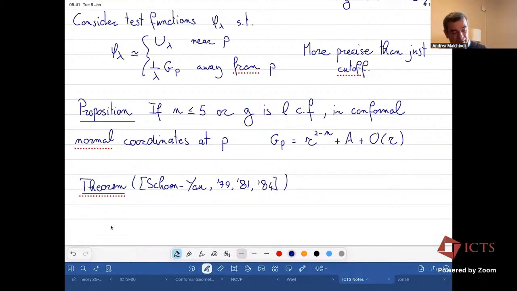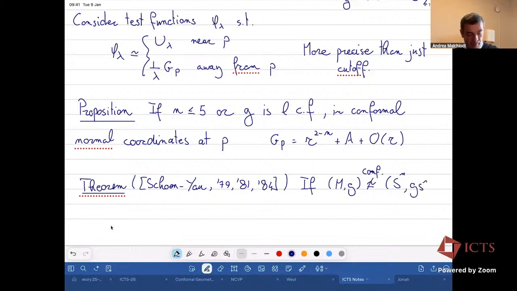They tell you that under the above assumptions, so in dimension less or equal to 5, or if the manifold is locally conformally flat, so if the manifold is not the sphere, or not conformal to the sphere, then this constant A is actually positive. So actually they have a formulation in general relativity. So this is called the positive mass theorem.